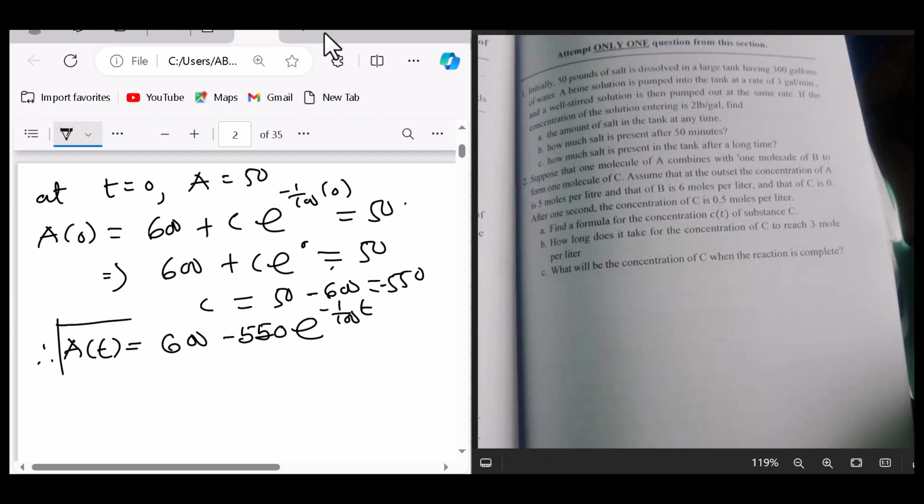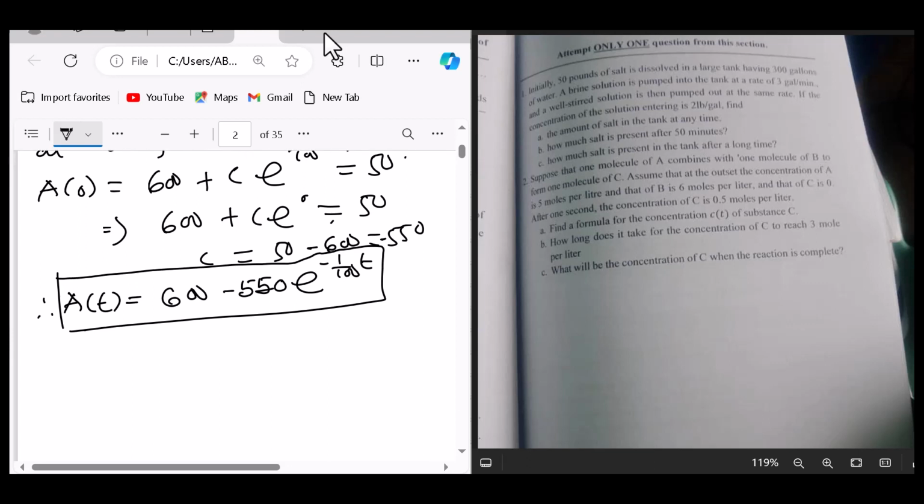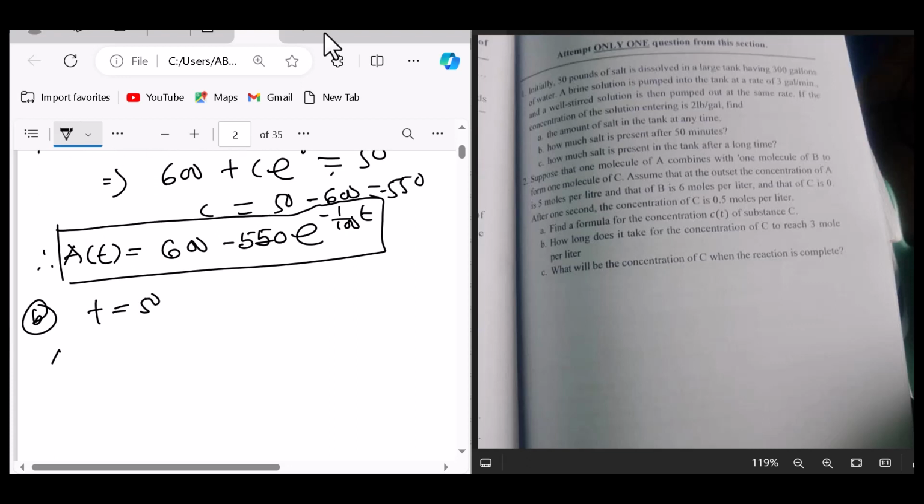This is our a of t. So the second question is, how much salt is present after 15 minutes? That's the b. At t equals 50, we have a of 50 equal to 600 minus 550 e power negative 1 over 100 times 50.